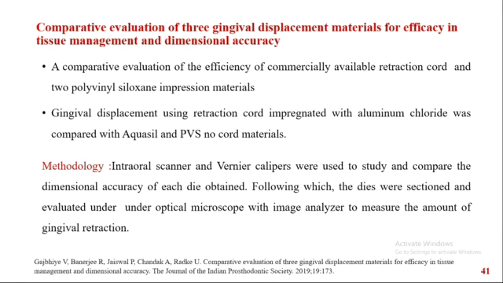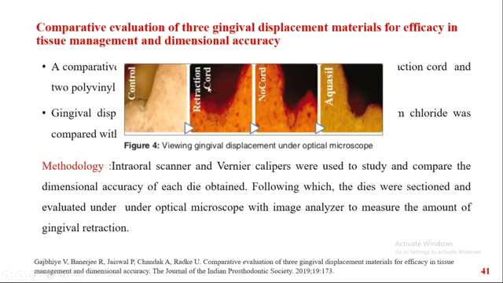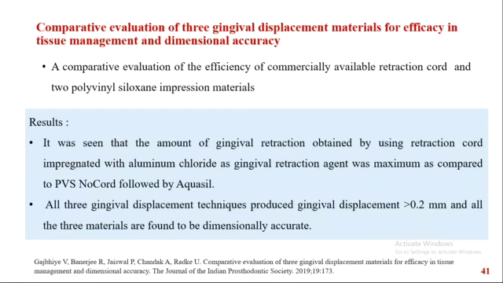And the dies were sectioned to be evaluated under the optical microscope to measure the amount of gingival retraction obtained. Coming to the results, it was seen that the amount of gingival retraction obtained by using retraction cord impregnated with aluminum chloride was maximum as compared to that of No-Cord polyvinyl siloxane, followed by Aquasil. Also, all 3 gingival displacement techniques provided a gingival displacement of more than 0.2 mm and all 3 materials were dimensionally accurate.